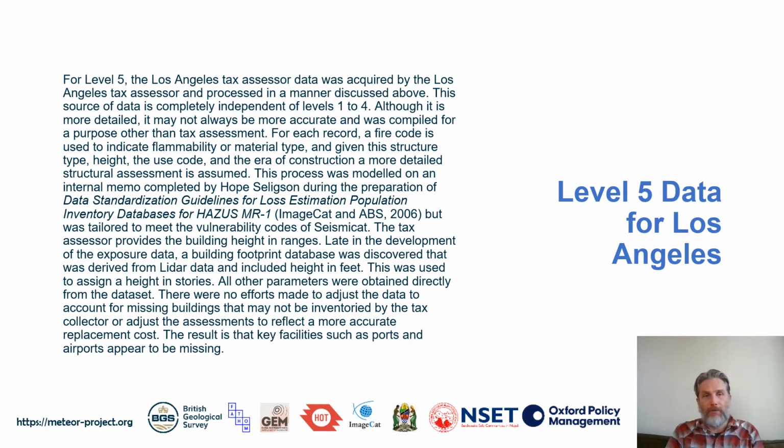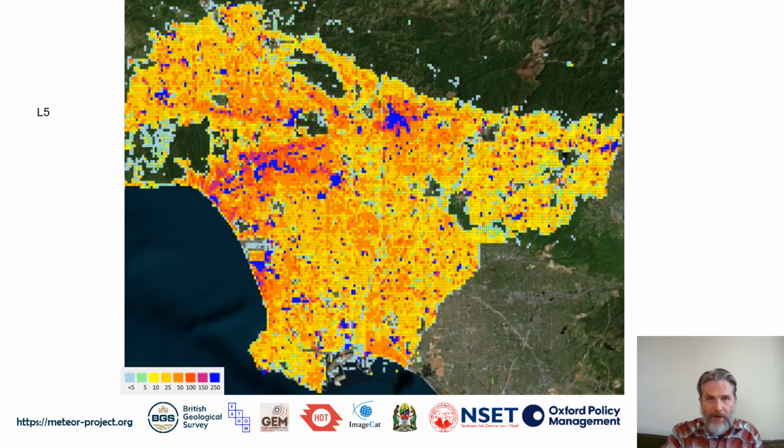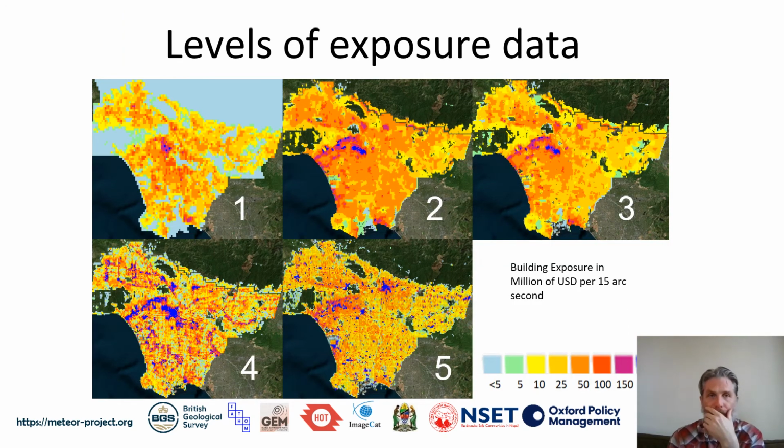So when we ran it, we did aggregate to a 500 meter area. And this looks similar to the level 4 data, but not quite. Here you have them all side by side again. The level 1 data for the entire area has not as much differentiation, a lot of low areas.